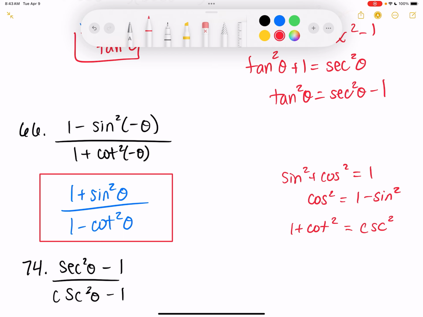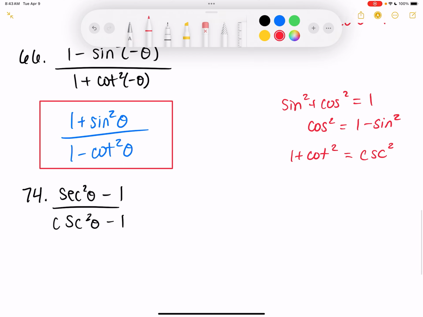Tangent squared plus 1 equals secant squared. So I need secant squared minus 1. I can subtract the 1 over. So tangent squared equals secant squared minus 1. And I'm just not writing the thetas to make it go faster. But that means that this top part can be replaced with tangent squared theta.